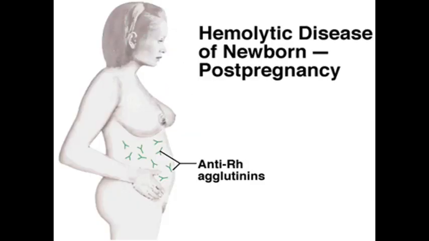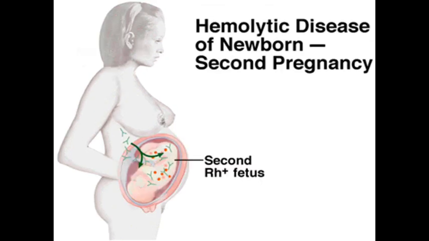And so as a result, mama now carries these antibodies against Rh. That's fine. That means that she is very much ready to fight off the next time her body sees Rh positive blood. So in that next pregnancy, now it doesn't have to be the next pregnancy, but it has to be a pregnancy where the baby is also Rh positive.